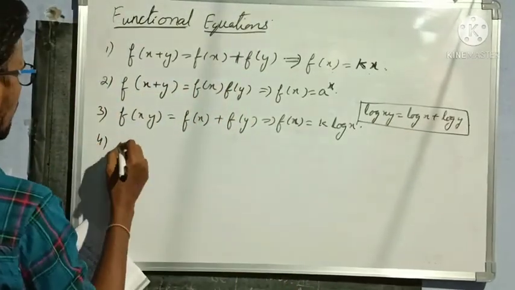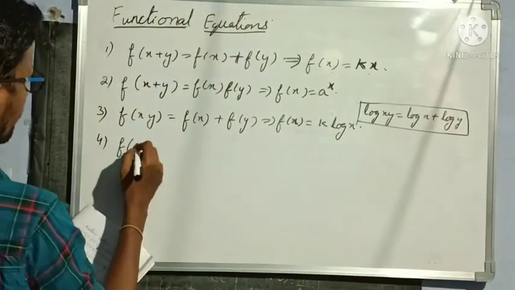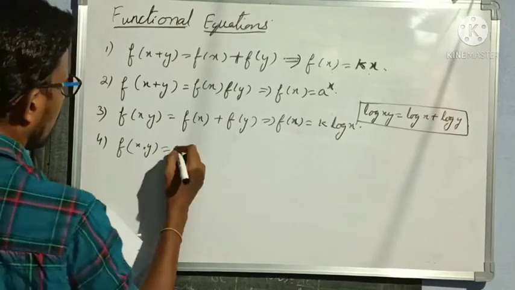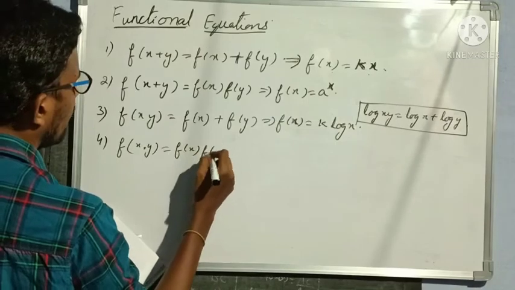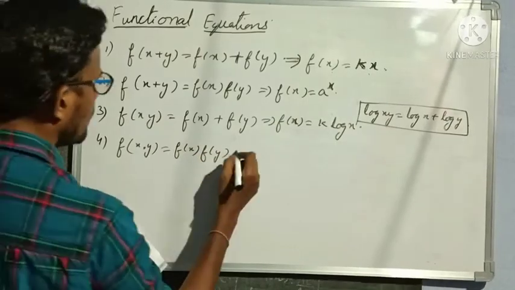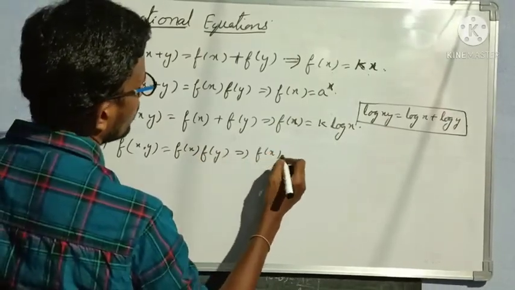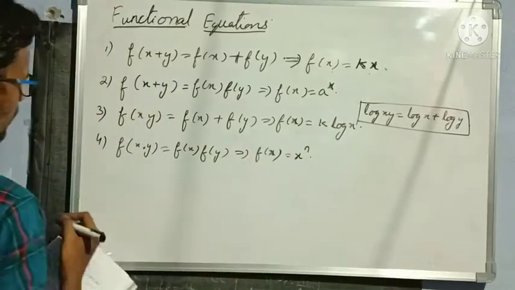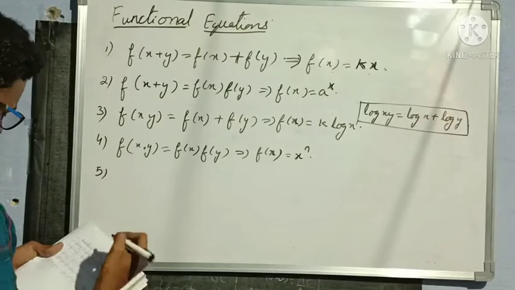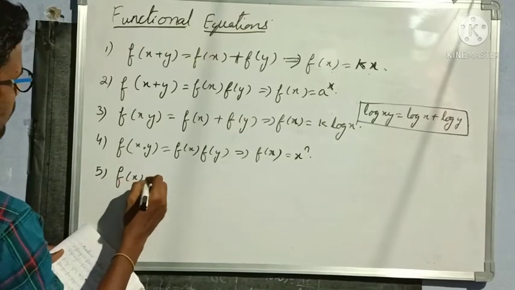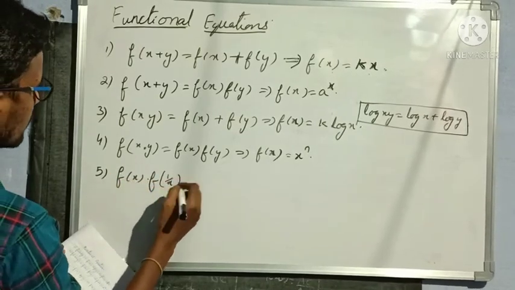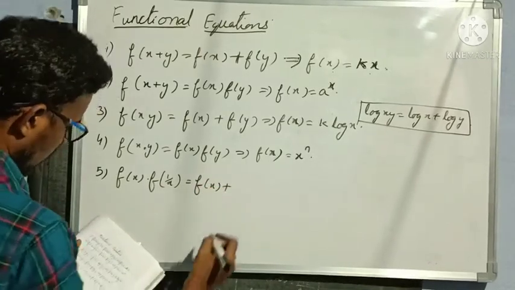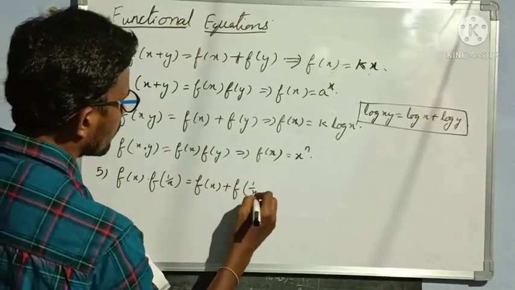Because log xy is equal to log x plus log y. Next, fourth formula, f of x into y is equal to f of x into f of y. This implies our function f of x will be of the form x power n. Okay. Last one, f of x into f of 1 by x is equal to f of x plus f of 1 by x.